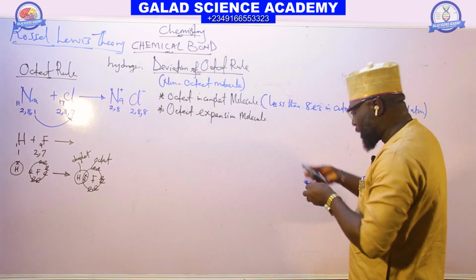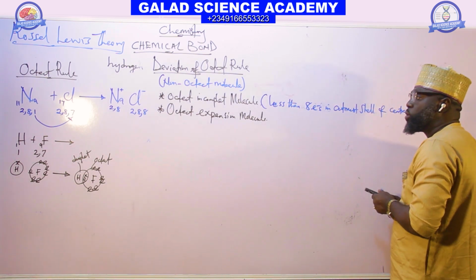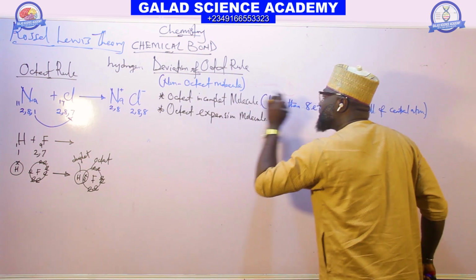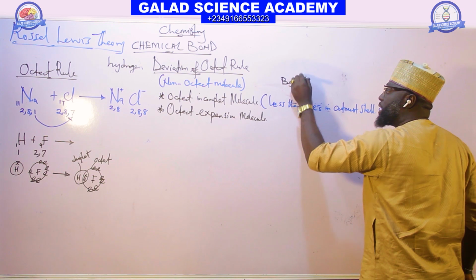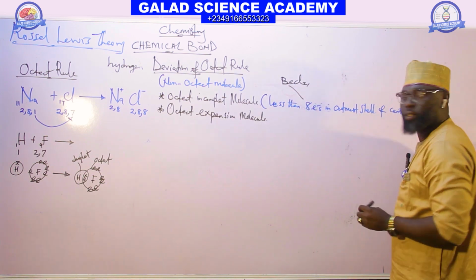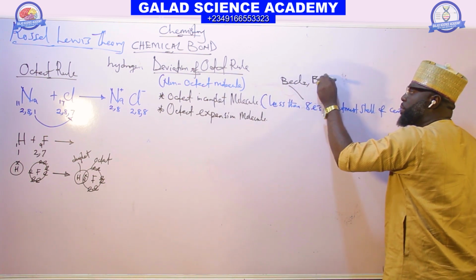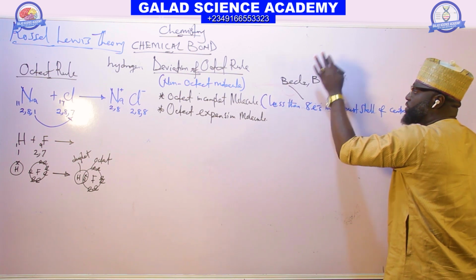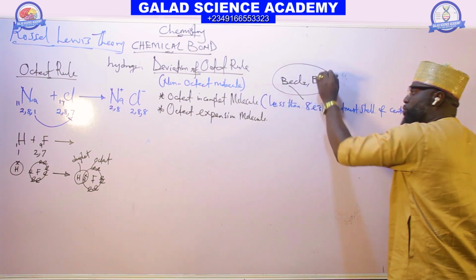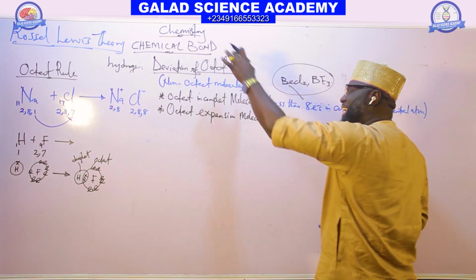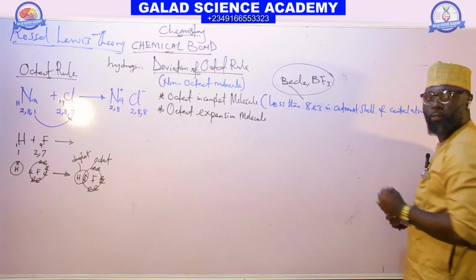Examples of non-octet molecules, or octet incomplete molecules, are BeCl2 and BF3. These are the two common examples of octet incomplete molecules.